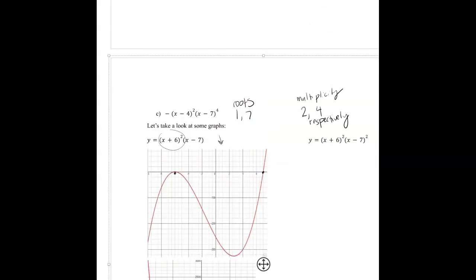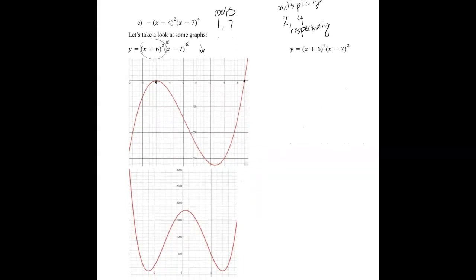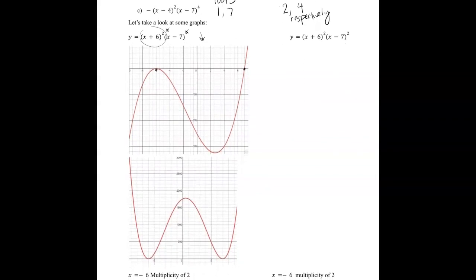So a couple things to notice is that that x plus 6 squared is an even degree, which will be important here in a second, and that x minus 7 has a multiplicity of 1, which is an odd degree. Alright, and then looking at the next graph below, I've got the x plus 6 quantity squared.